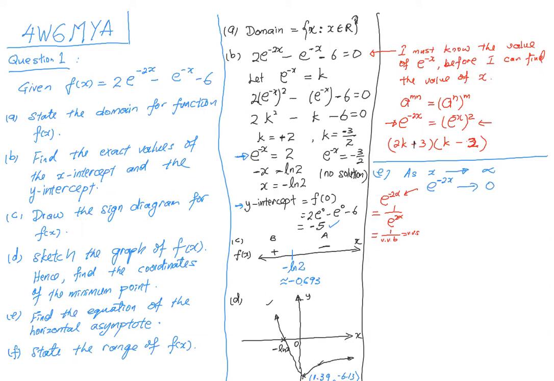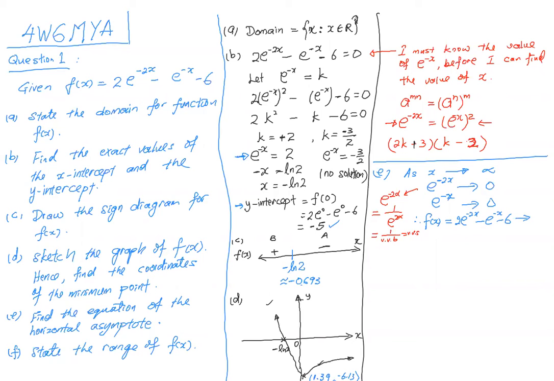Same goes with e to the power negative 2x, e to the power x, it will approach 0 also. So therefore, my fx, which is 2 e to the power negative 2x minus e to the power negative x minus 6, will approach 0?